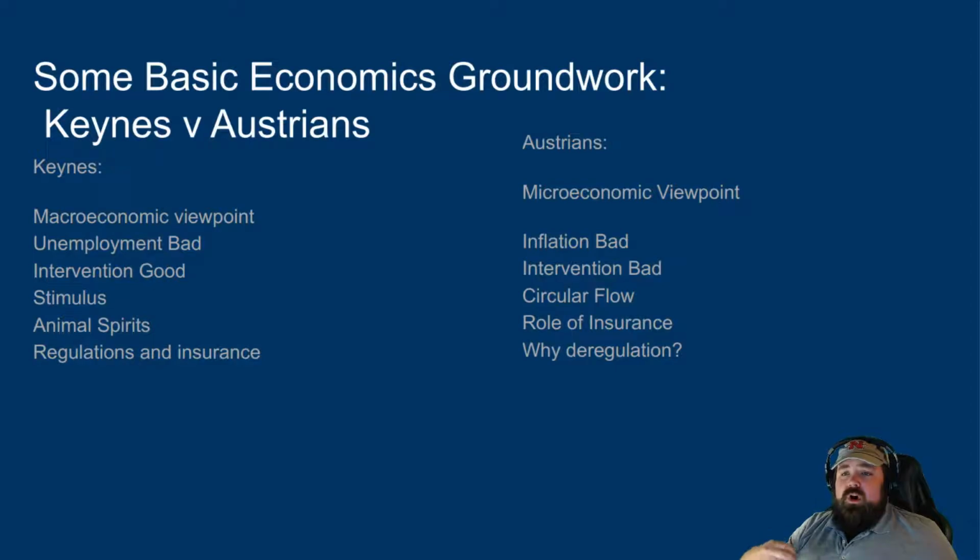So for a Keynesian economist, the worst thing that can happen in an economy is to have high levels of unemployment. Now, the reason why unemployment is so bad is because when people are unemployed, they don't have money. And if you don't have money, you can't buy things. And if you can't buy things, the people that make stuff are going to make less of that stuff.